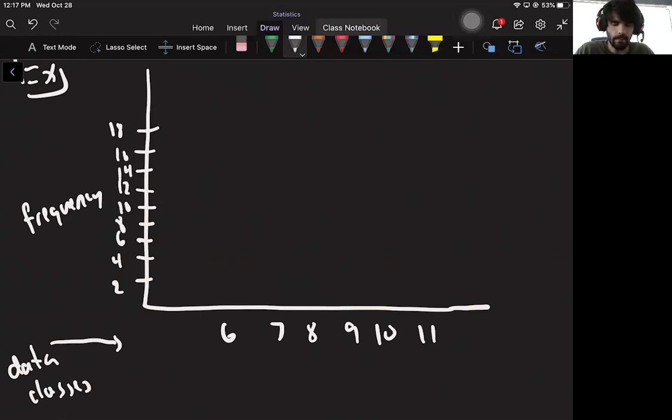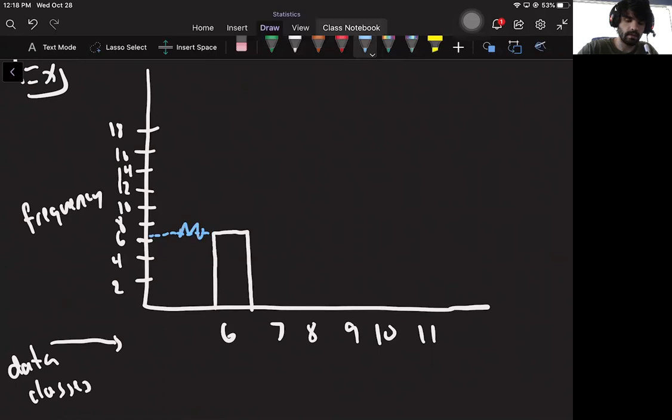Then at each data class, for example at 6, I draw a rectangle, and its height is how many sixes there are. I'm trying to make this go up to 7. That's kind of hard if you're crappy at drawing like me. This is just a little guideline, but it's not really part of the graph, so I'm going to erase it.